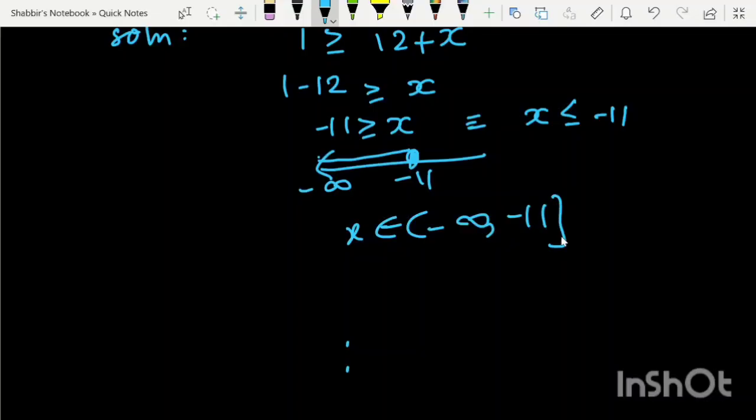Yes, so this is minus 11, okay, so x less than equal to minus 11, minus infinity to minus 11 included, x belongs to minus infinity to minus 11, guys. So that way we will do. So this is what we call the rule of transposition, okay.